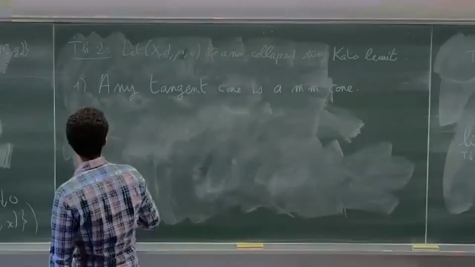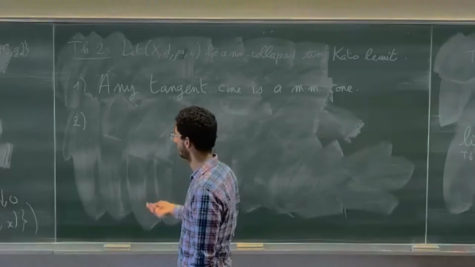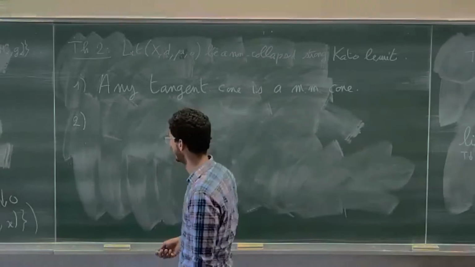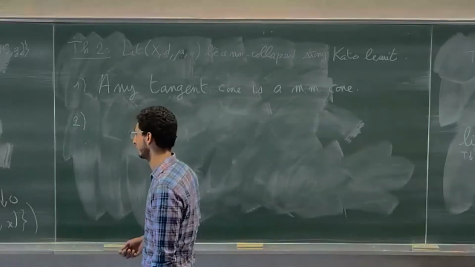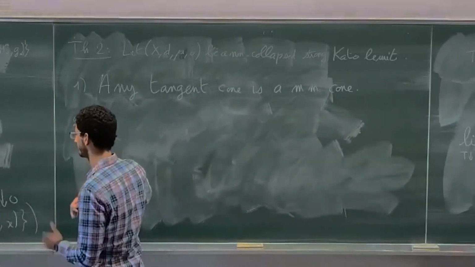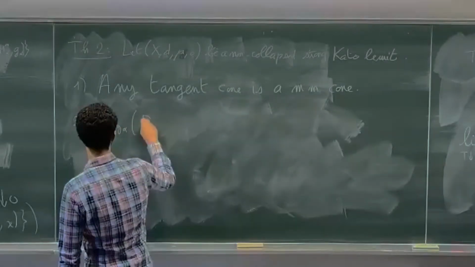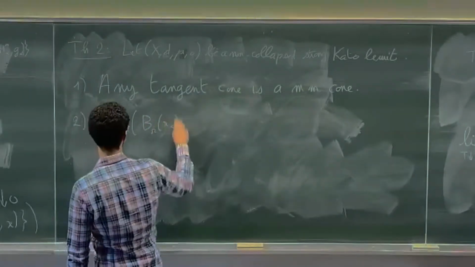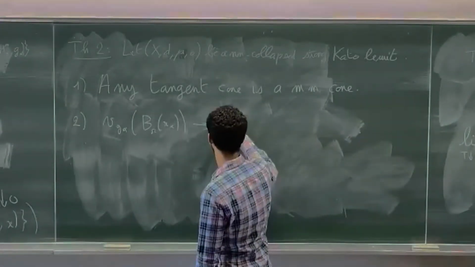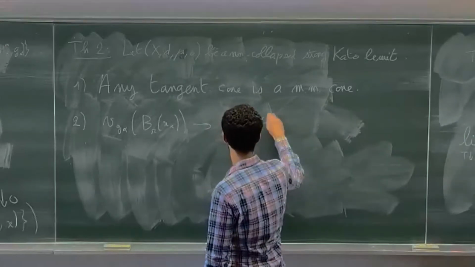So the second point is that we have volume convergence à la Colding. This is a result that was recalled by Daniel Semola. If you take a fixed ball, then the volume of balls converging to a ball in the limit metric space converge to the measure of the limit ball.